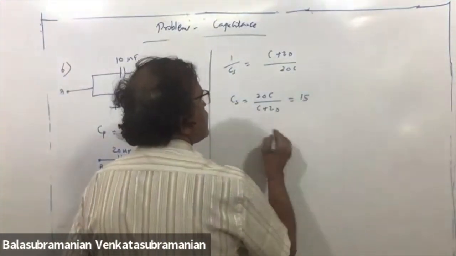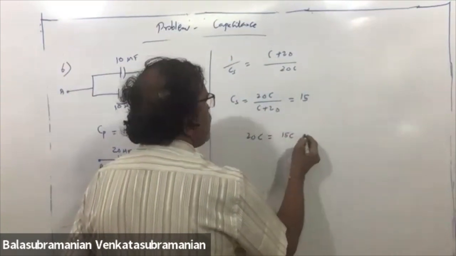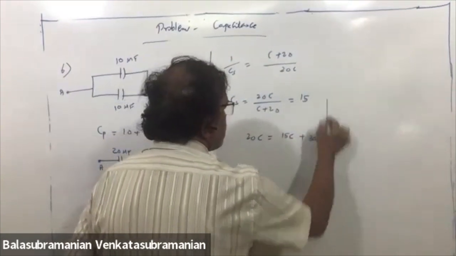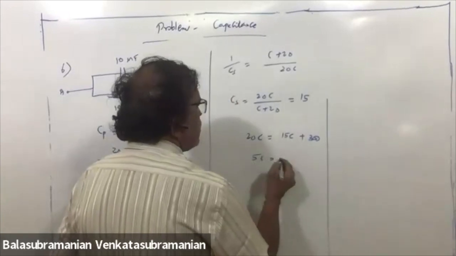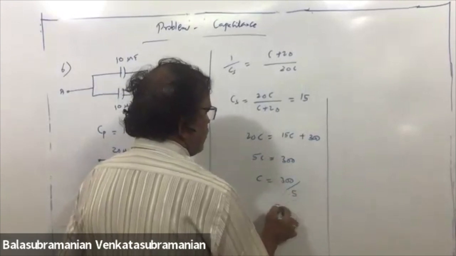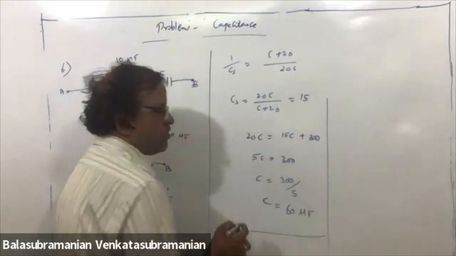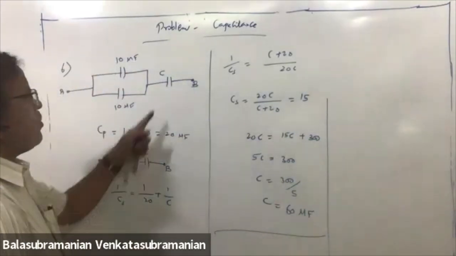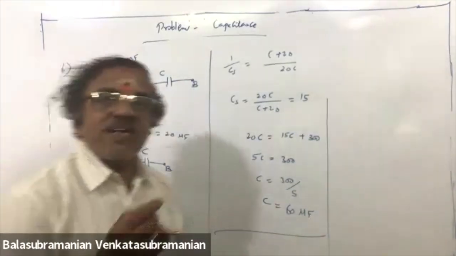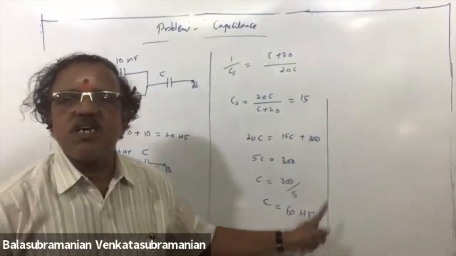So 20C is equal to 15C plus 300. 5C is equal to 300. C is equal to 300 by 5, 60 microfarad. So the capacitor to be connected here to get the resultant 15 microfarad is 60.